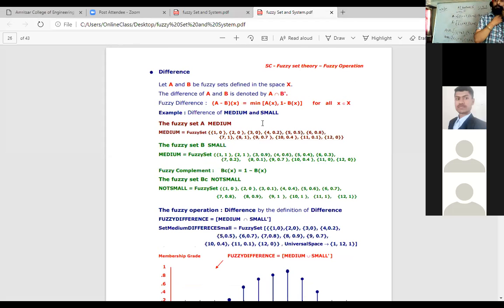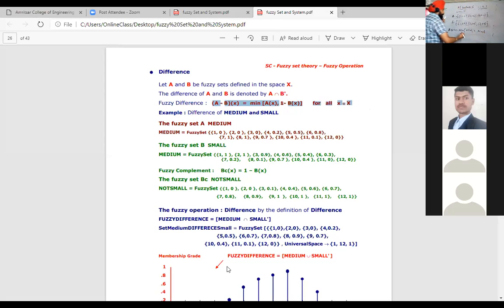Next, a very important question comes on the difference. What is the difference between the two sets, A minus B? Now just see the formula of difference. Very important. You have to learn it. A minus B is the minimum of A comma B complement. A minus B of x will be the minimum of A of x and 1 minus B of x.